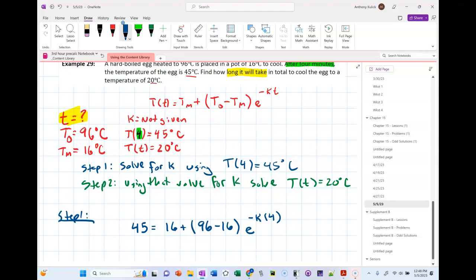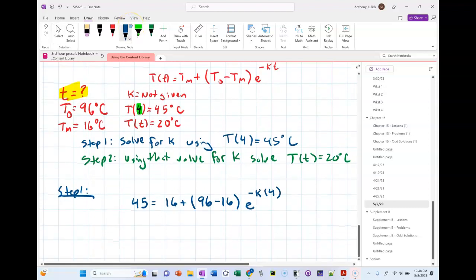So the T naught and T_M are constant, right? Regardless of whether we're in step 1 or step 2, those are going to stay the same. My T of 4 is 45. So the little t is 4. So I've just gone ahead and plugged that into the equation. So now we're just going to be solving for K. Exactly right. So far, so good? Yeah. Okay.